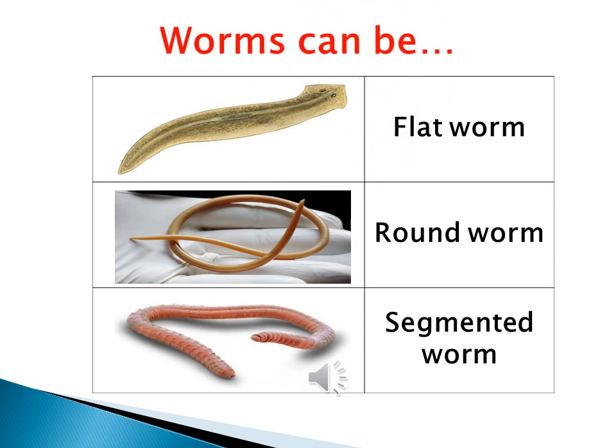Worms are of 3 types: flatworm, roundworm, and segmented worm. Flatworm, as the name suggests, their body is flat. Roundworms have a long cylindrical round body, and similarly segmented worms also have a long cylindrical round body, but they have segments present on their body.